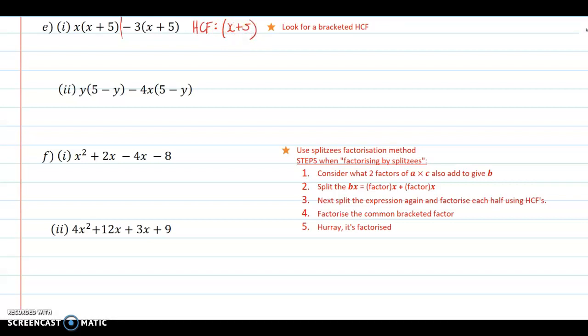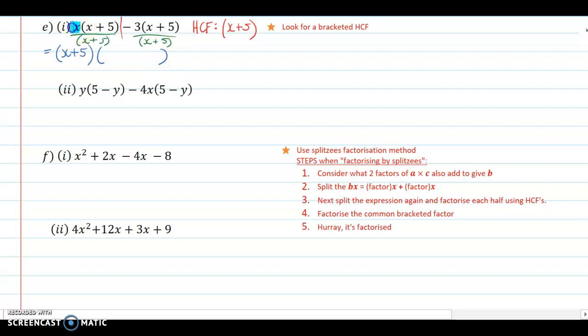So similar to that basic factorisation technique, I pop the bracketed factor out the front, and because I'm dividing both those terms by my bracketed factor, you consider: once I've taken that out, what am I left with in brackets?